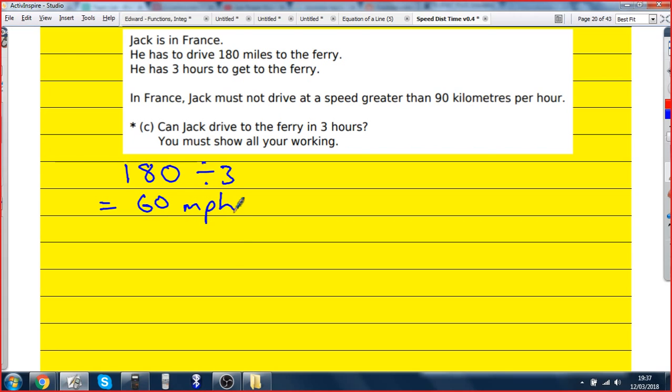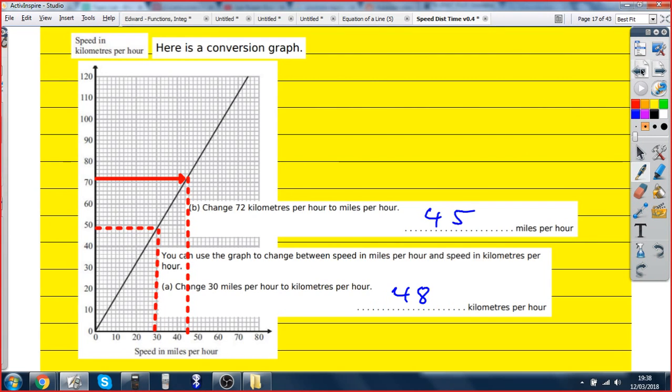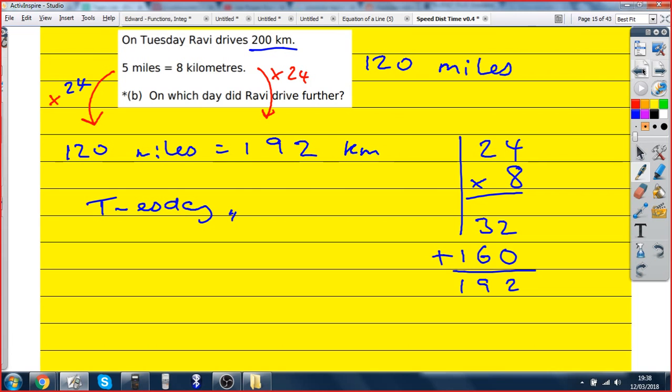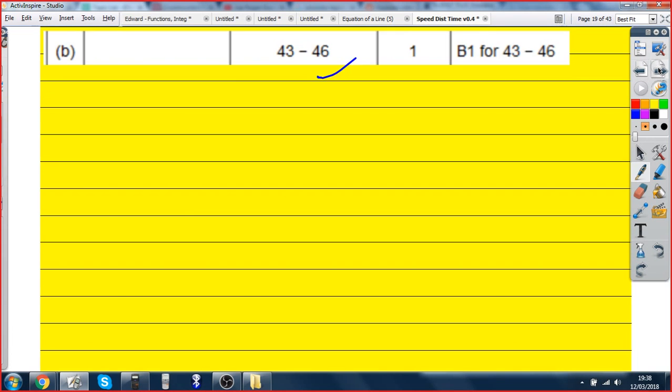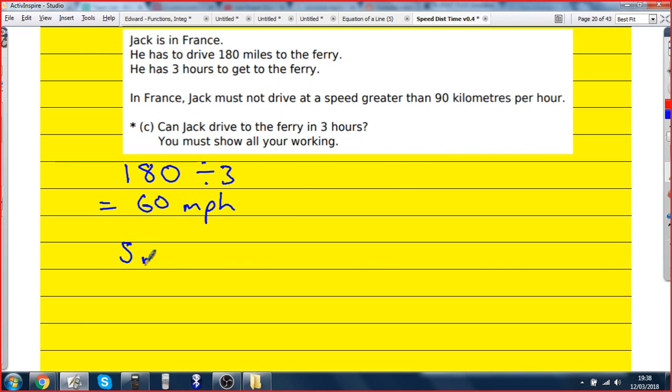Yeah. Oh, this is kilometers and miles. I might have, let me just go back and find an earlier one, because so 5 miles equals 8 kilometers. Because I just cut out part C.